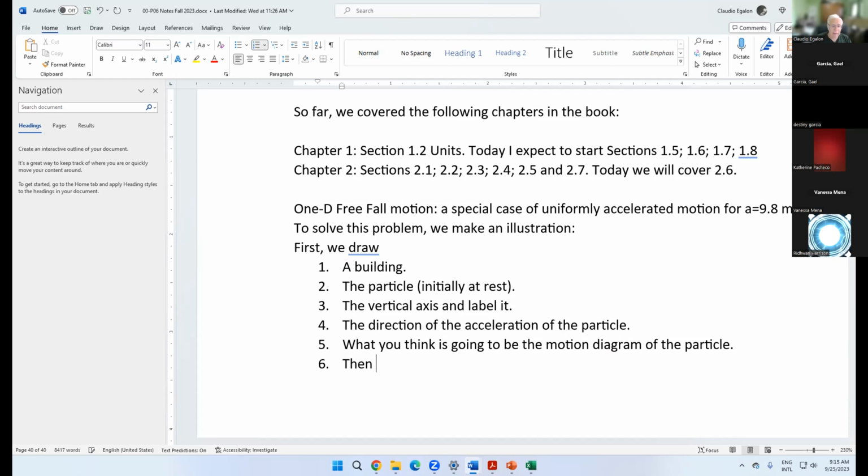Then we can start writing down the equations of motion of the particle.